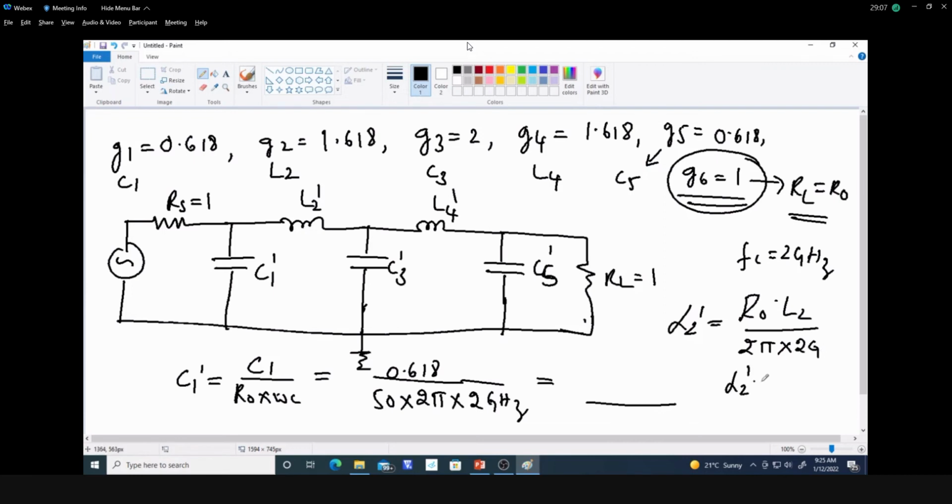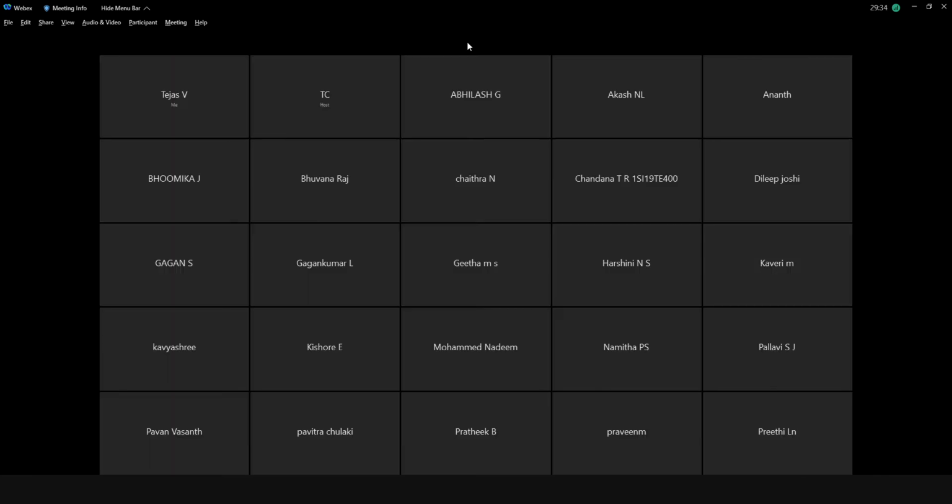Similarly you can find out what L2 dash is. Has anybody got any value? What is the value? Has anybody done it?